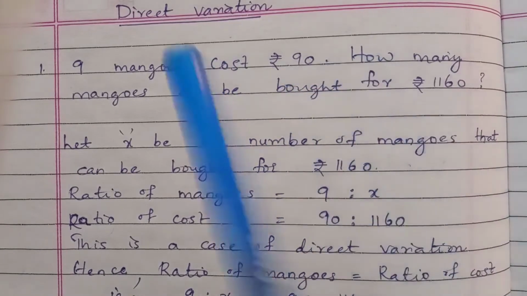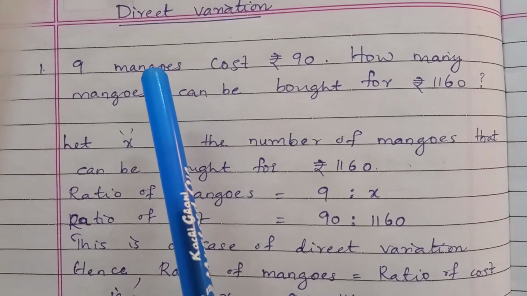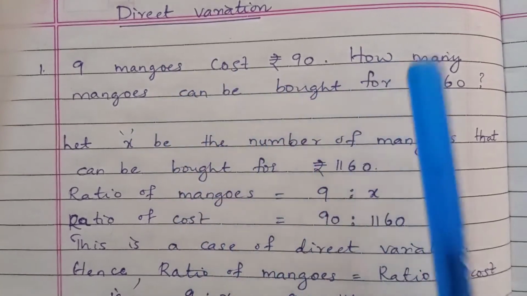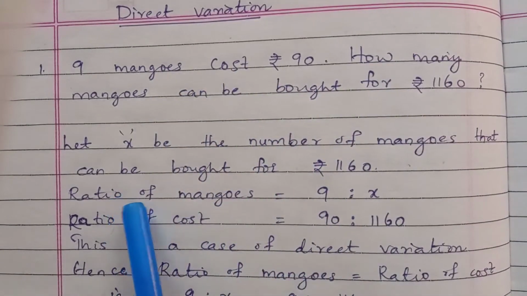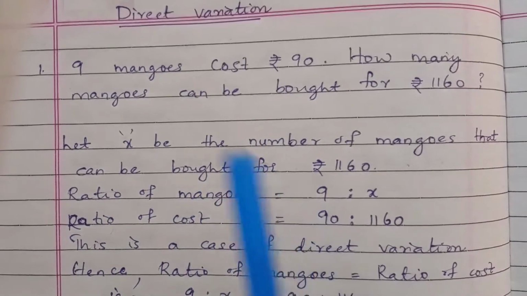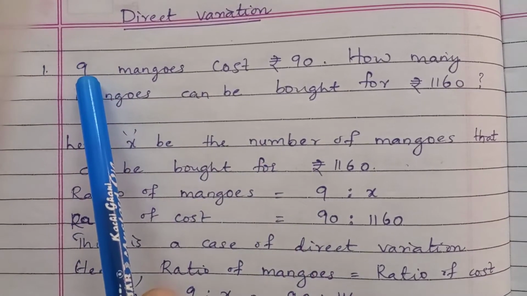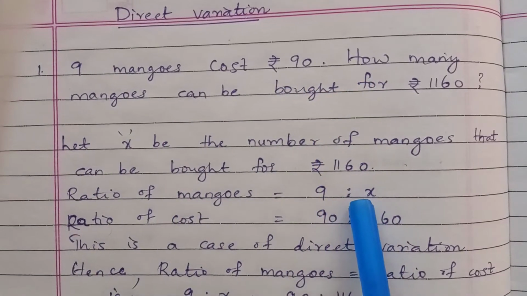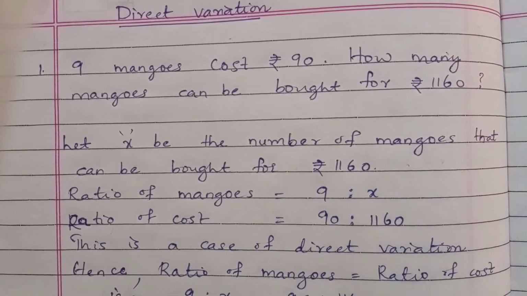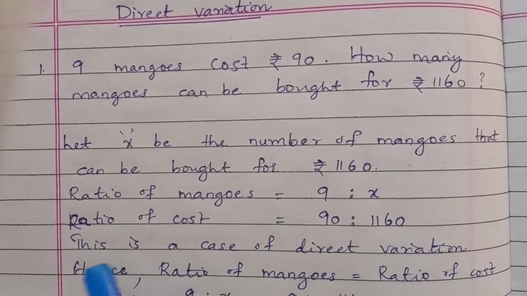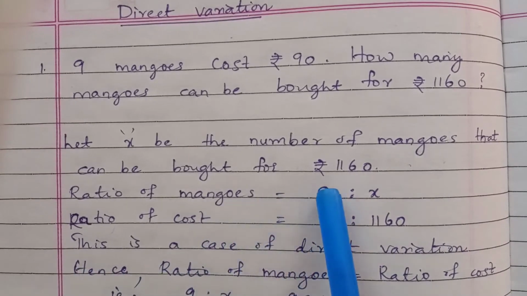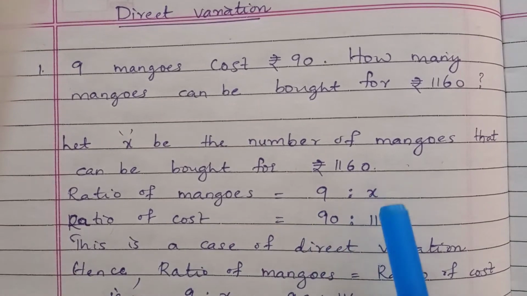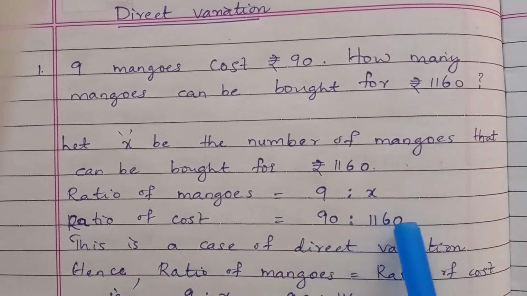Now here we have two quantities, number of mangoes and cost of mangoes. So first one, ratio of mangoes equal to, given we have 9, then next we have to find x number of mangoes. So 9 is to x. Ratio of cost is equal to, for 9 mangoes it costs 90 rupees, and for x number of mangoes it costs 1160.